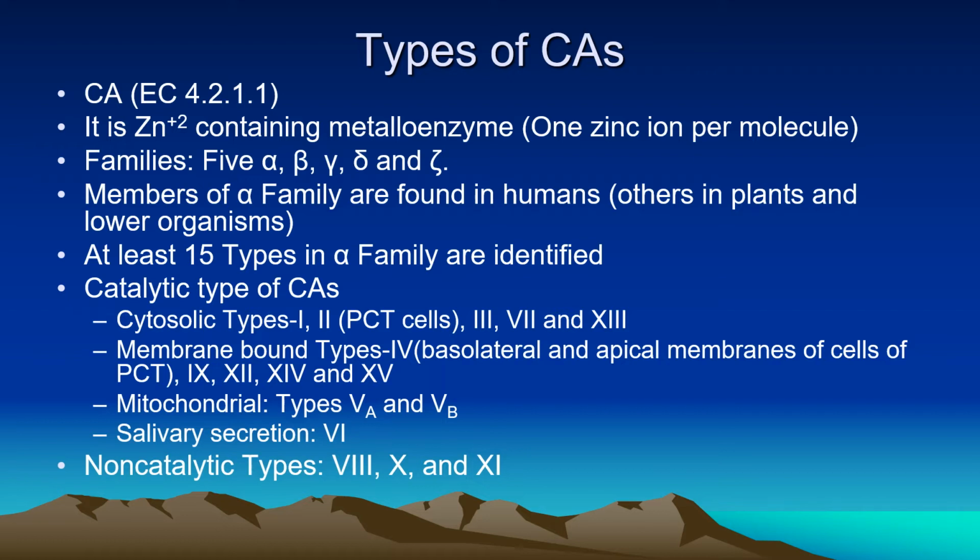They can be in the mitochondrium, particularly type 5, subtype A, and subtype B. One of the enzymes is secreted in the saliva and milk, and that is a secretory carbonic anhydrase type 6. Among the non-catalytic types, they don't subserve the catalytic enzymatic function, but they are proteins related to carbonic anhydrase, and these are type 8, type 10, and type 11.